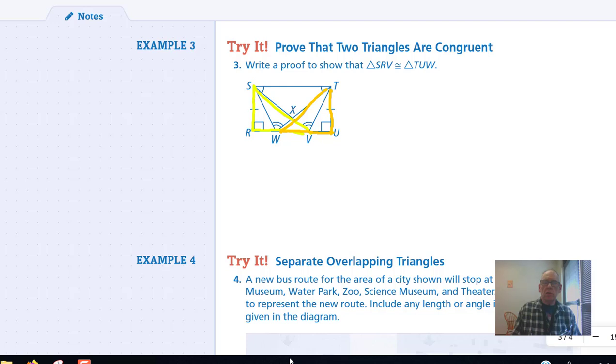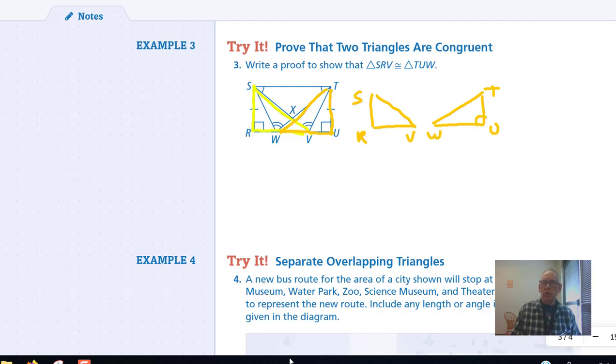let's see, we do something. So let me draw these separate. So I'm going to draw my SRV triangle. And then backwards to it, or reflected, I'm going to draw the TUW triangle.